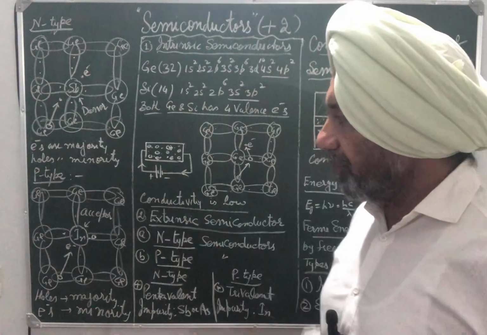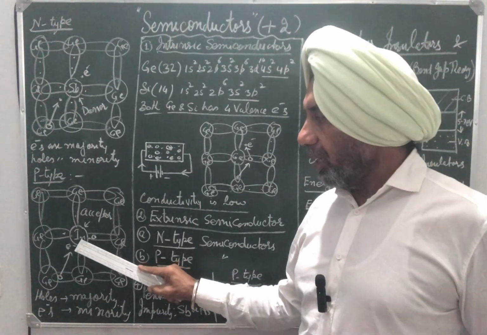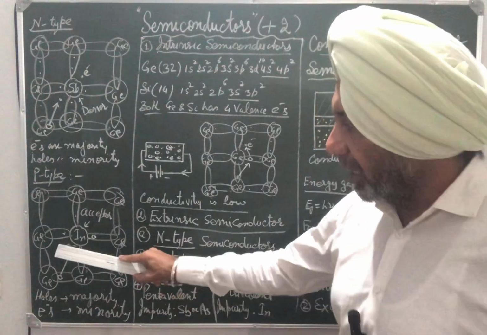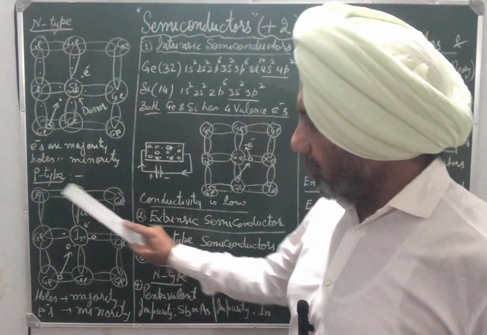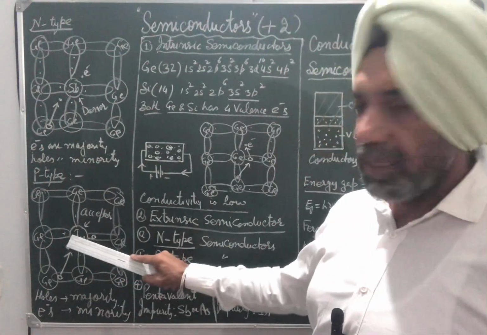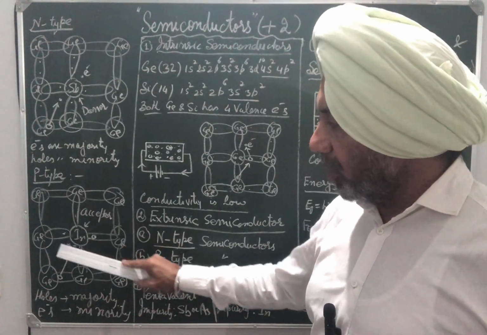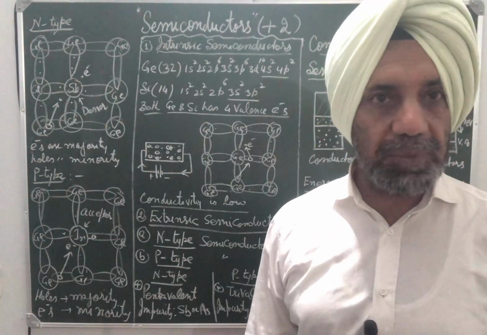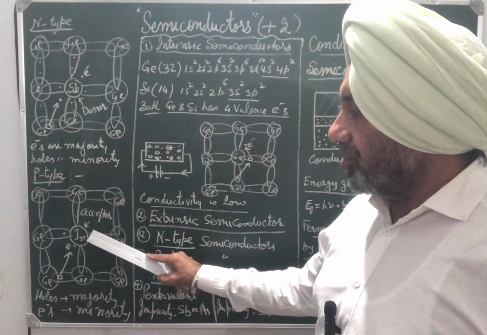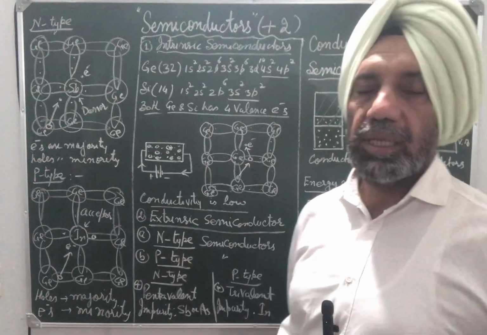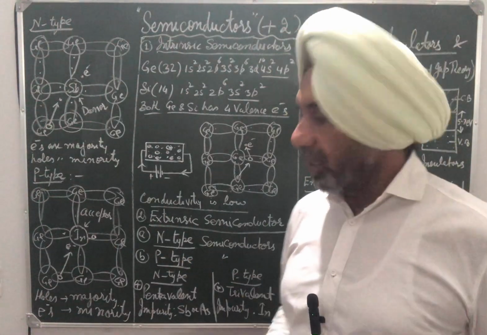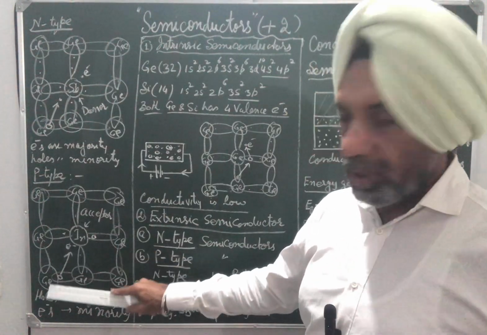Then in case of P-type, when a trivalent impurity like indium, having only 3 valence electrons, is added to a pure sample of germanium or silicon, this indium forms 3 covalent bonds with the 3 adjoining germanium atoms, and there is a deficiency of electron, that is, a hole is created. There will be few electrons also.